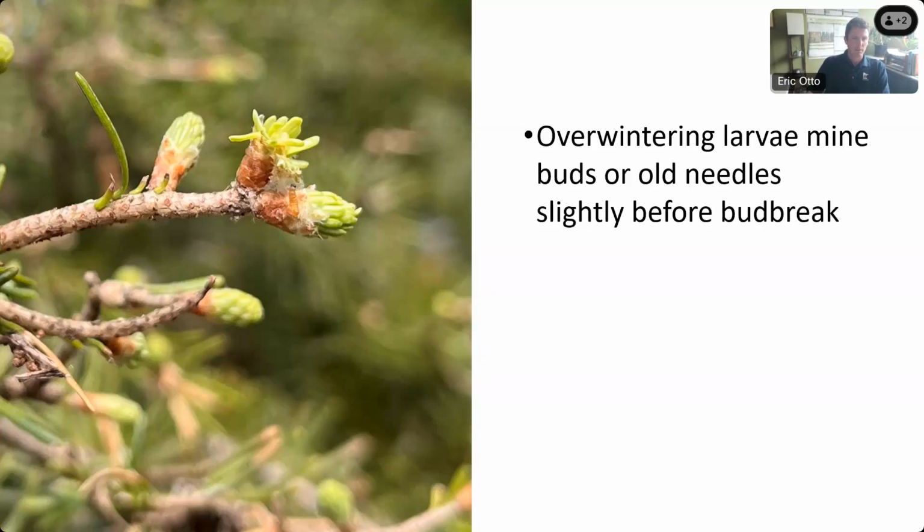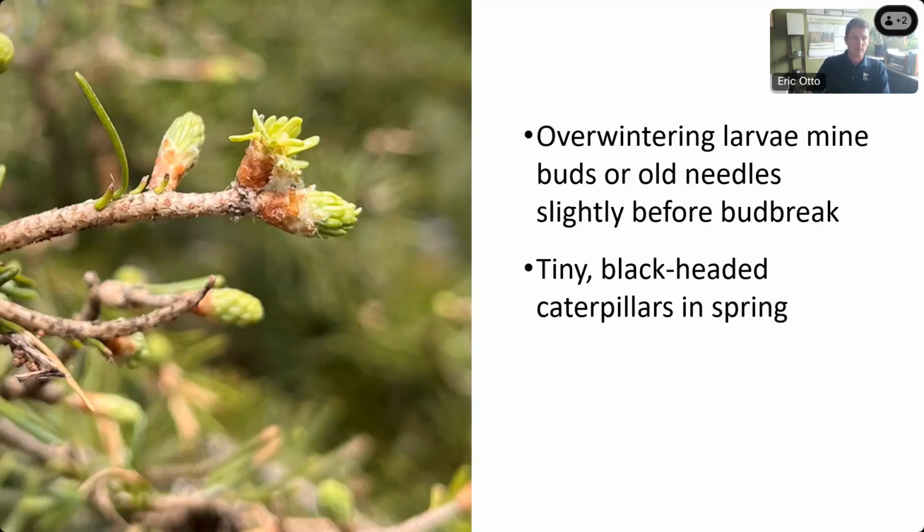This is a photo I took on a spring Boundary Waters trip this year, off of Knife Lake, where you can see that very small caterpillar. These early caterpillars are very small, and they have this characteristic black head. Again, you're going to see those probably around mid-May, unless you, as I did in this photo, try to open up those buds and find those caterpillars.